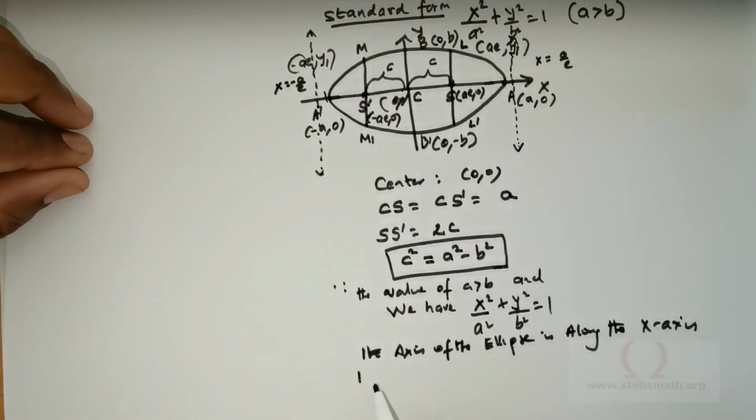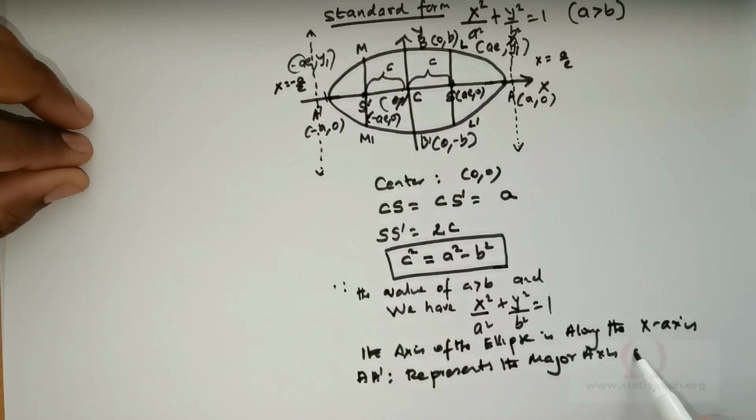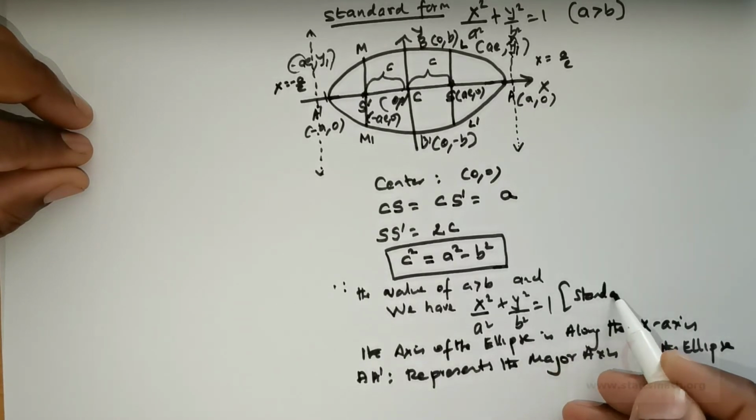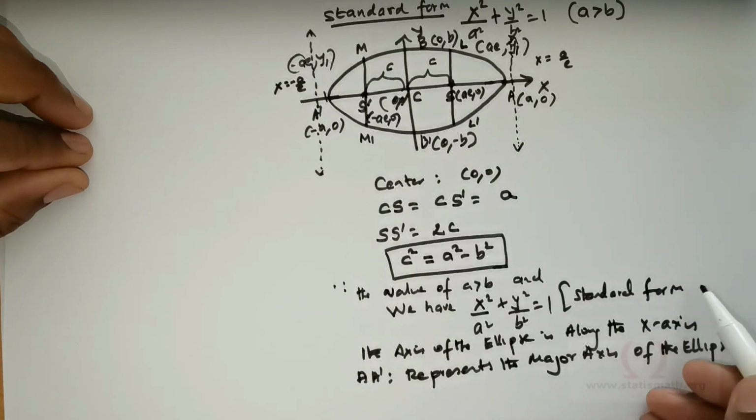In fact, AA dash represents the major axis of the ellipse. Now this is called the standard form of the ellipse.